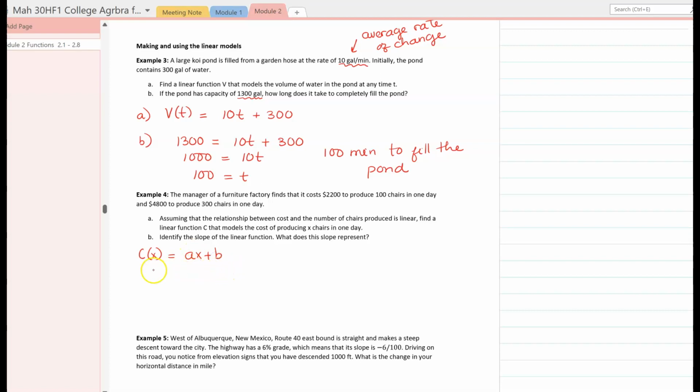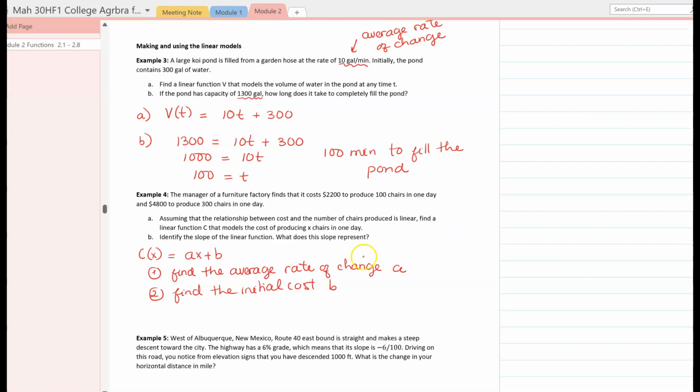We need to find the average rate of change, a, and the initial cost, b. We will calculate this based on the information that we are given.